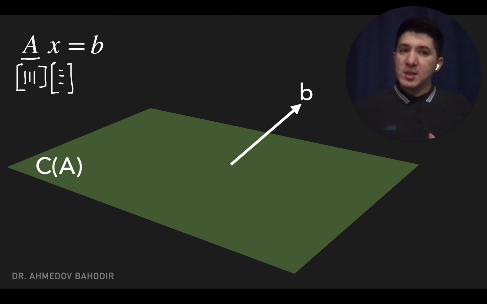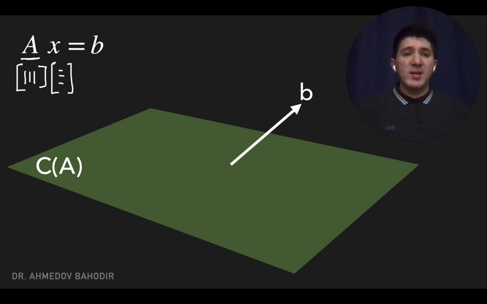When the matrix has 2 columns, as in our case, the column space of the matrix is going to be a plane. So all of the vectors along this plane can be obtained as a linear combination of the columns of this matrix A. But if the vector b is outside the plane, then obviously no combination of the columns is going to give you this b.